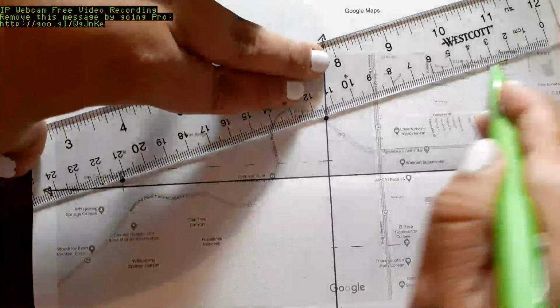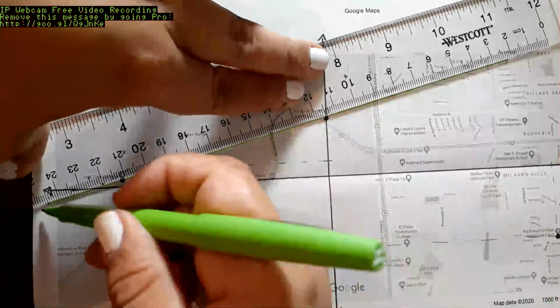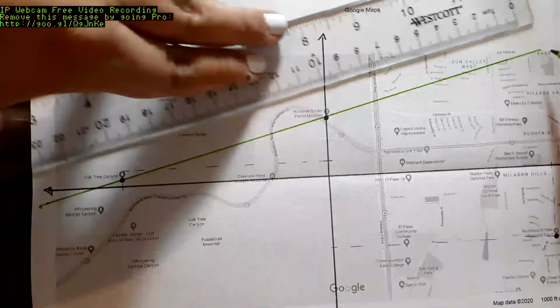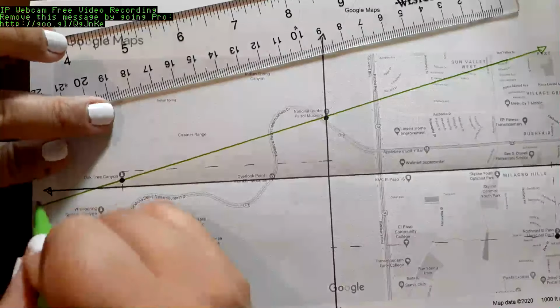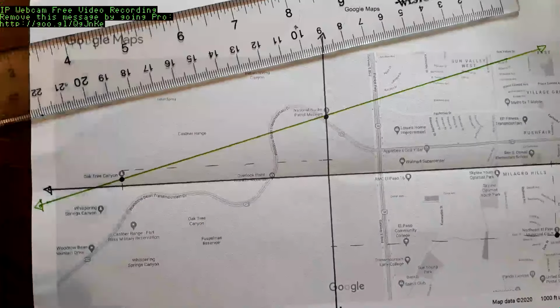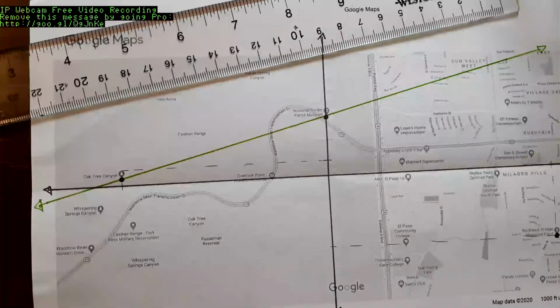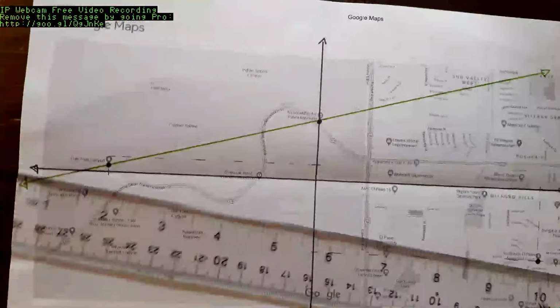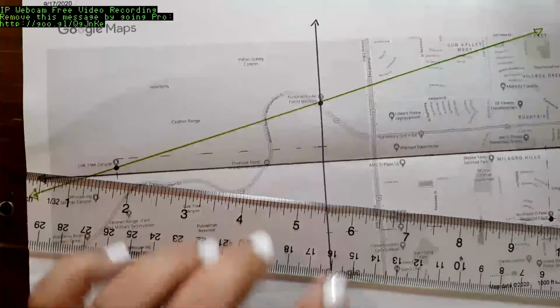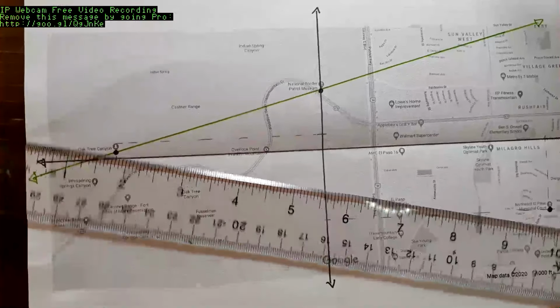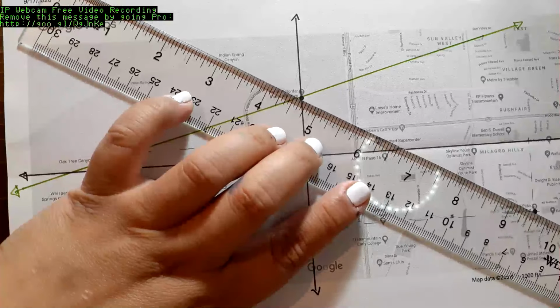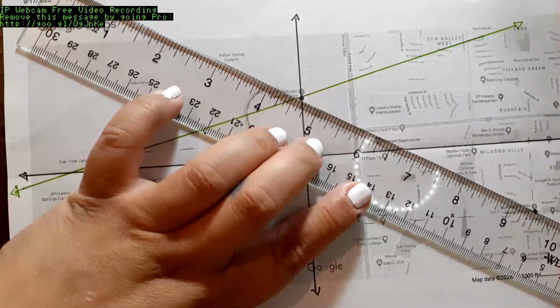I'm just going to draw a long line because we're learning about lines, and we're going to solve our own systems using zombies, just in case, you never know. The second one I'm going to connect is my Border Patrol Museum with my city police station.